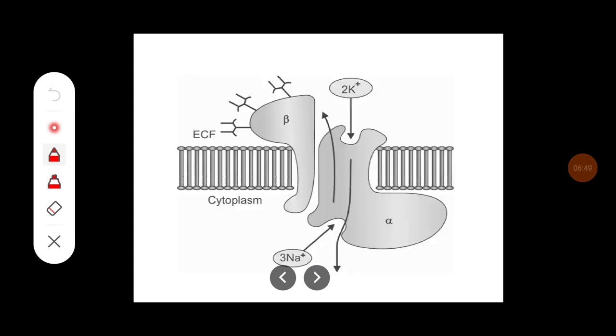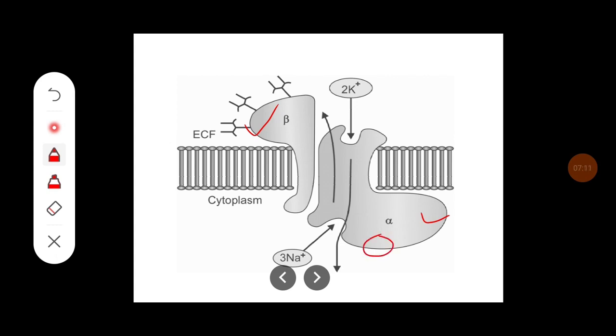This causes a second change in the configuration of the protein, resulting in 2 potassium ions moving into the cell. This is the diagram of the sodium potassium pump, where you can see the alpha subunit and beta subunit. Most of the receptors for sodium and potassium are present on the alpha subunit inside and outside, and there is also a binding site for ATP intracellularly.